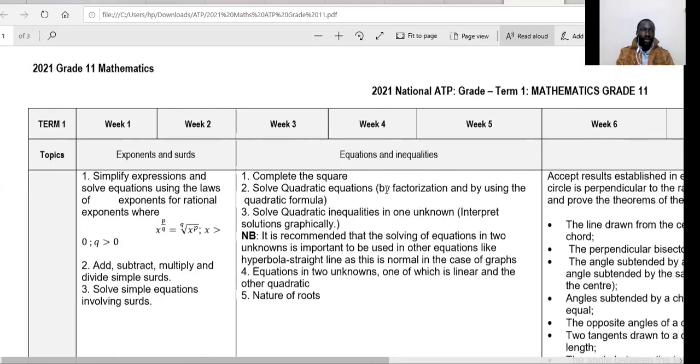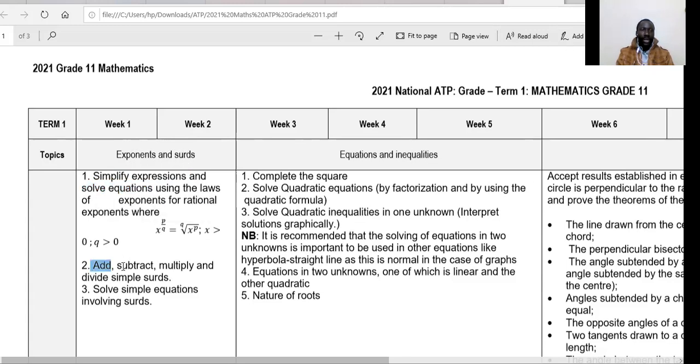The first topic being what? Exponents and surds. And in exponents and surds, the things that we have to study in week 1 and week 2 include simplifying expressions, okay? Then later solving equations using the laws of exponents for rational exponents.